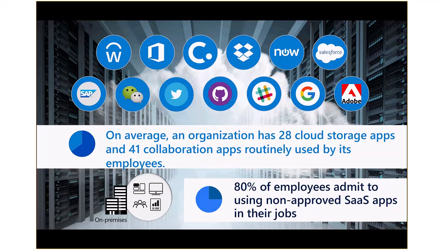I mean, there is the security side of this, but there's also the cost side, and trying to understand exactly how much we're spending on all those different cloud applications. And there's also a stat there: 80% of employees admit using non-approved SaaS applications in their jobs on a day-to-day basis. So people actually know that they're using applications that maybe aren't approved by the business.